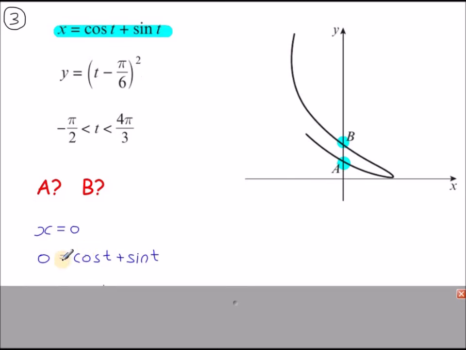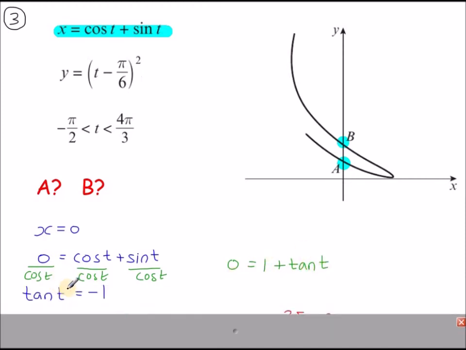And if I divide this equation throughout by cos t, 0 divided by anything is 0. Cos t divided by cos t, anything divided by itself is 1, and sine over cos is tan. So I can rearrange this to say that tan t is equal to minus 1.